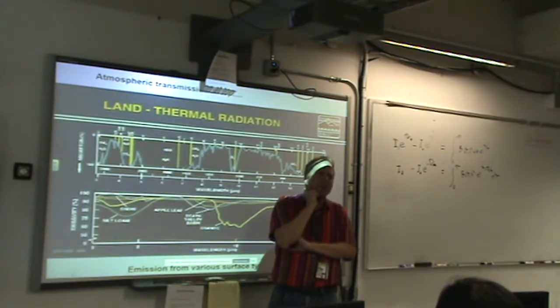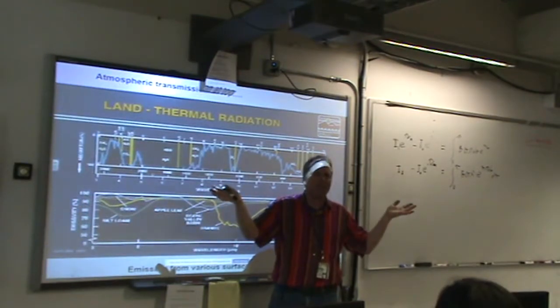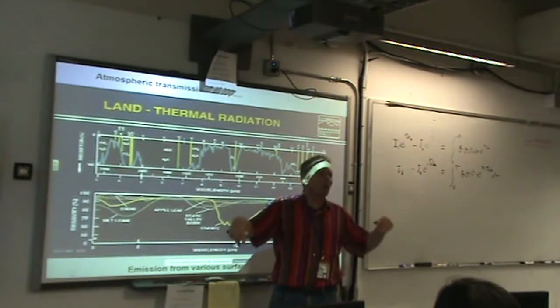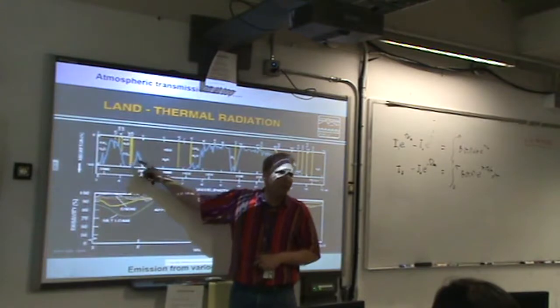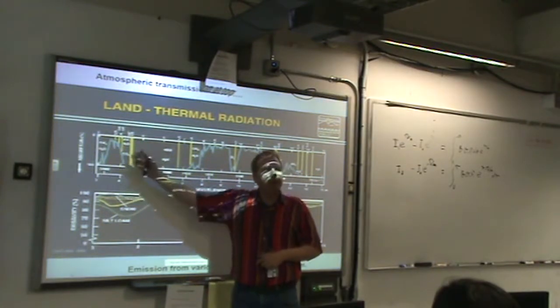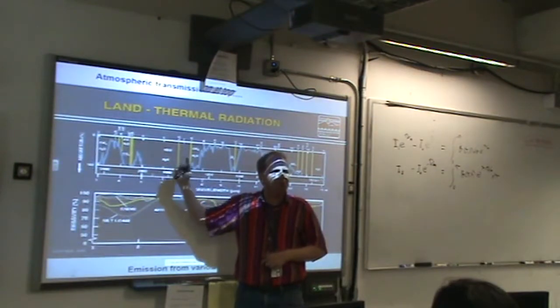Where is the water vapor coming from? Everywhere, just about, ocean and everywhere. Do we have any control over that? We have no control over the water vapor. We do have control over the CO2. So even though it makes a smaller effect, it's something we can control. We can't control the water vapor.